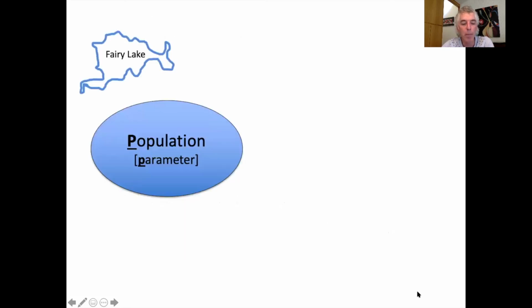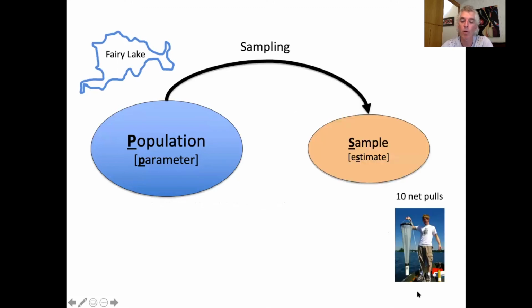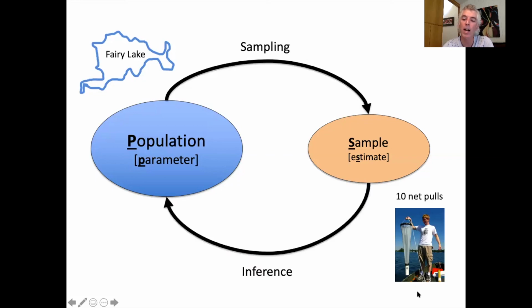So we have a population that we want to try and draw some conclusions about or measure something called a parameter. We can't measure everything in that population to know what the true parameter actually is. So instead, we measure a subset of entities through a process called sampling. From that sample, we calculate an estimate, which is our best guess of what the true population parameter actually is.